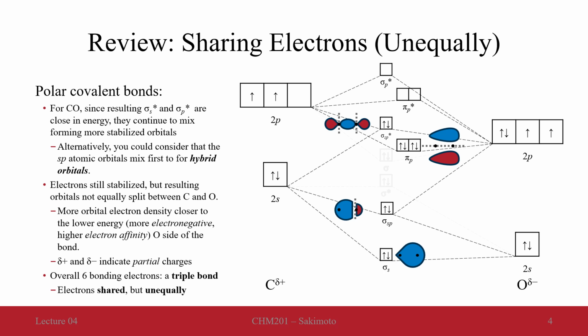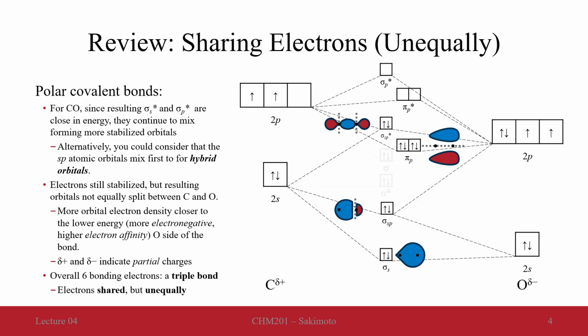The way that we may interpret that is that the lower energy, more electronegative oxygen side has more of the electrons on its side, giving us a slightly negative charge, which we represent by this lowercase Greek delta minus, not a full ionic charge, not a full +1, -1, but a slight negative charge. Carbon, of course, will have a slight positive charge due to this shifting and imbalance of electrons.